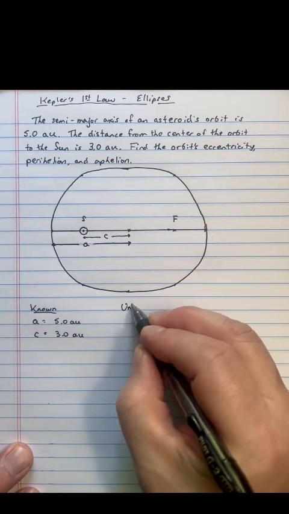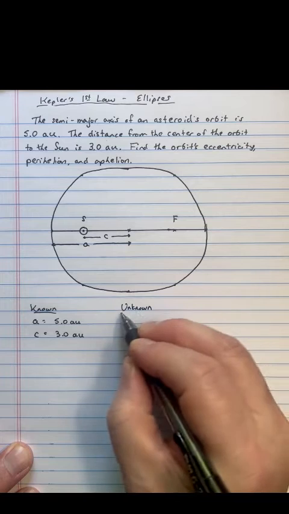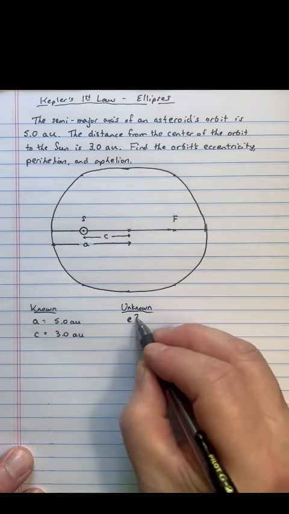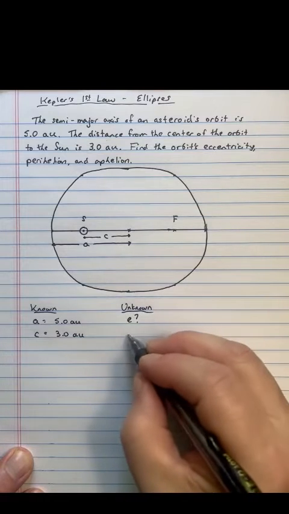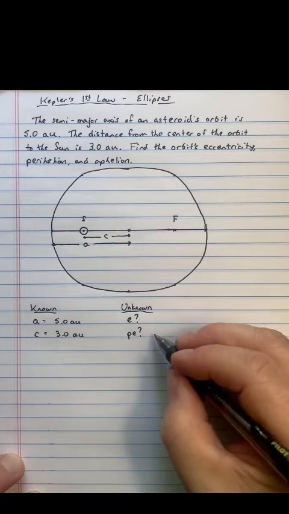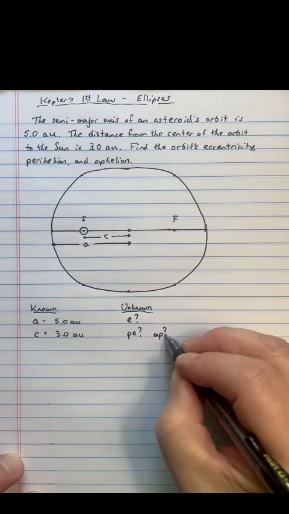What is unknown about this object's elliptical orbit? Well, the eccentricity, which is little letter e, perihelion, which is commonly abbreviated PE, and aphelion, which is abbreviated AP.